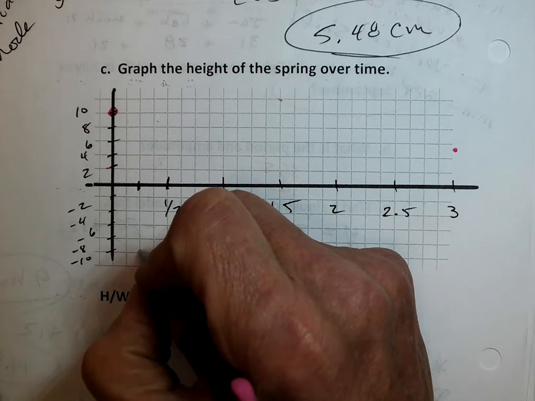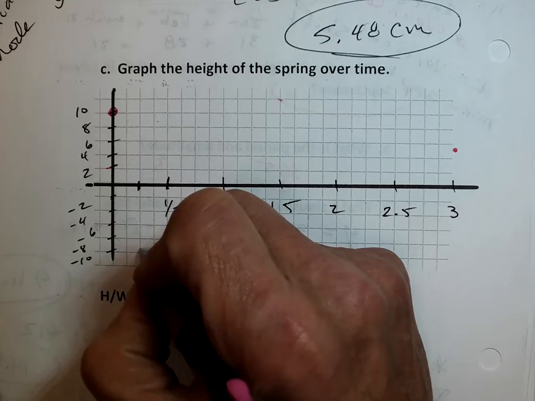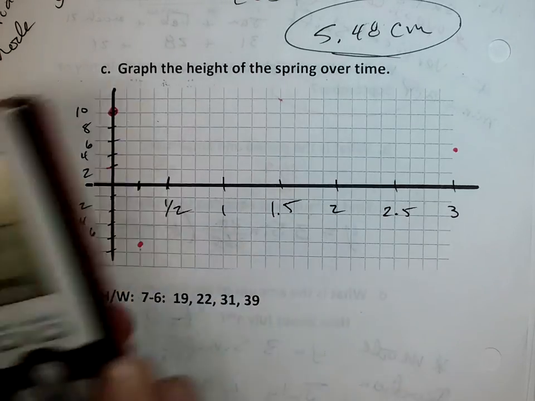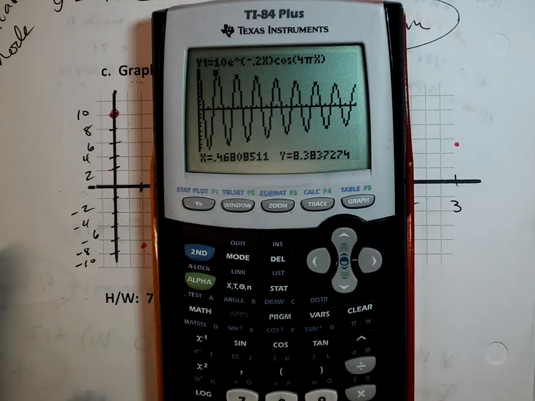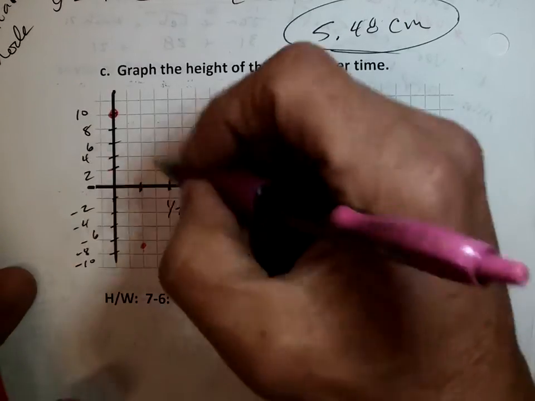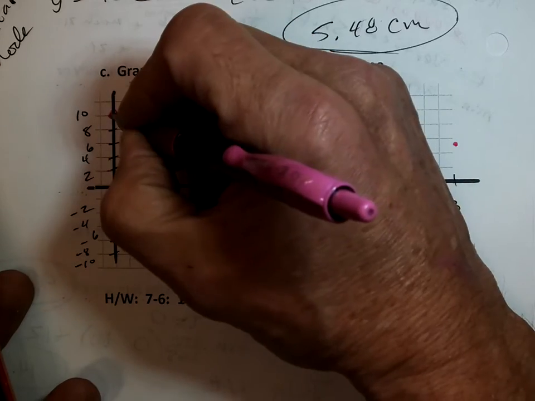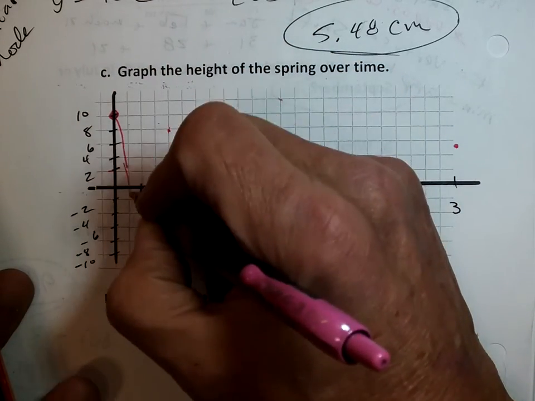It's about there. 2, 4, 6, 8. Trace. At about 0.5, we're at about 8. So it's starting to look like this.